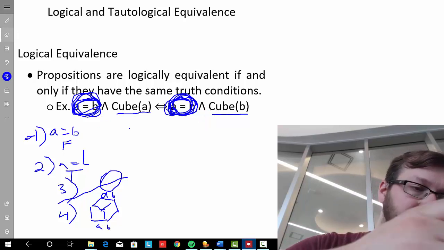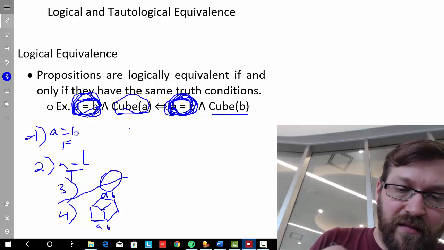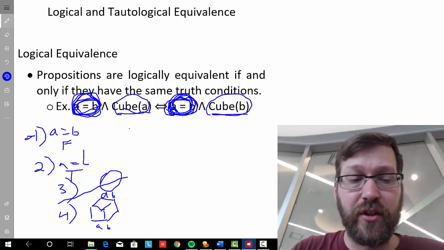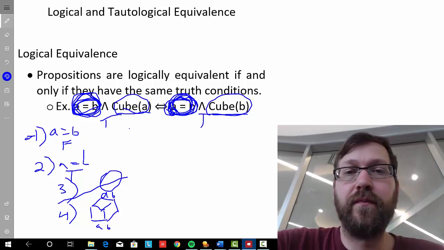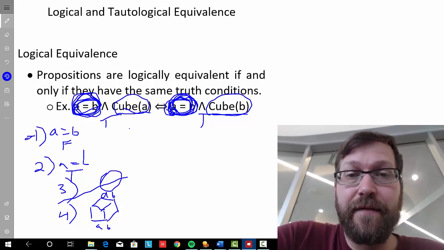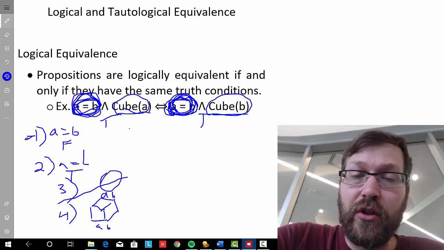But in that situation, since both of the conjuncts of the conjunctions will be true, this will be true, and this will be true. There is no way whatsoever for these propositions to deviate in truth value, and hence they are logically equivalent, and as far as FOL is concerned, they mean the very same thing.